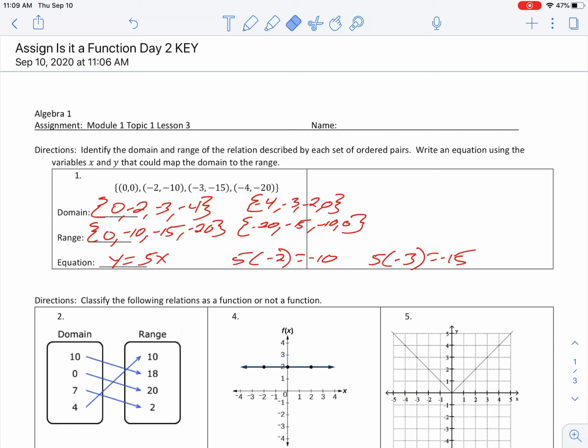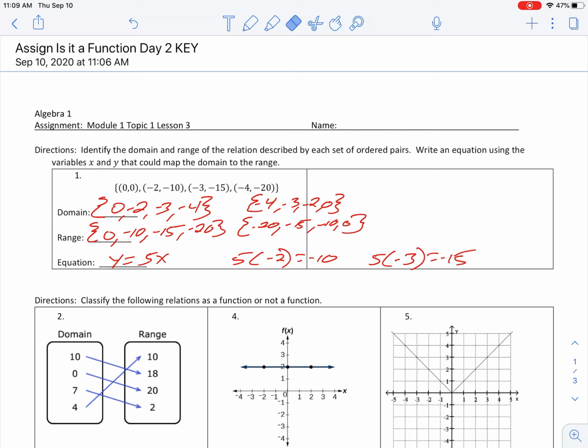Okay, the next one there. Classify the relations as a function or not. So running through here, number 2 is a yes. In the domain, nothing is being repeated, meaning there's no additional arrow coming out of the domain for one of the values.